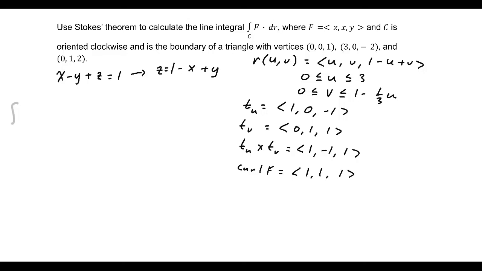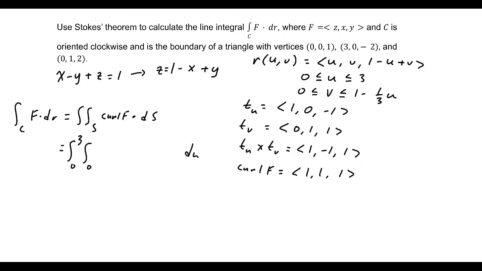So the integral over the curve C of f dotted with dr by Stokes' theorem is equal to the double integral over the surface S of curl of f dotted with dS. Well, that will be the integral from 0 to 3 with respect to u of the integral from 0 to 1 minus 1/3 times u with respect to v of ⟨1, 1, 1⟩ dotted with ⟨1, -1, 1⟩.